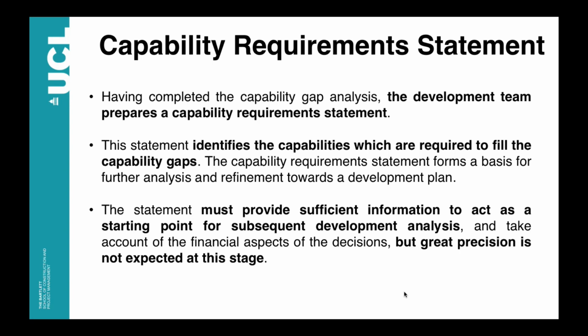The statement will also specify factors of timings and cost based on market expectations. The capability requirements statement will also specify the decision criteria that any feasible plan should meet.